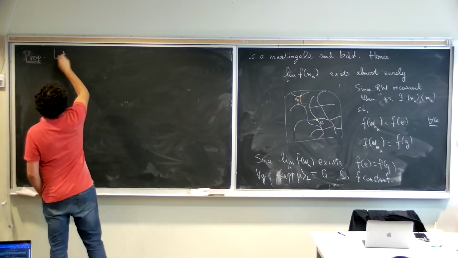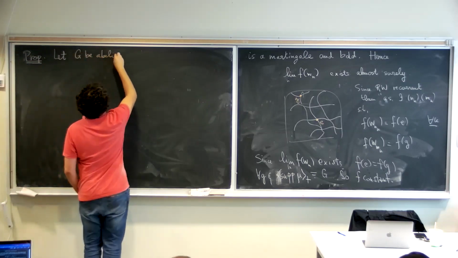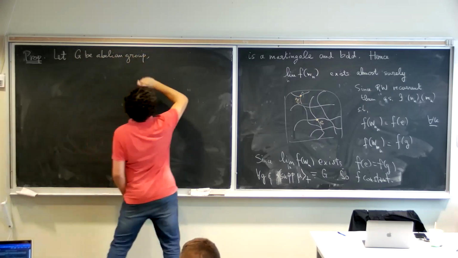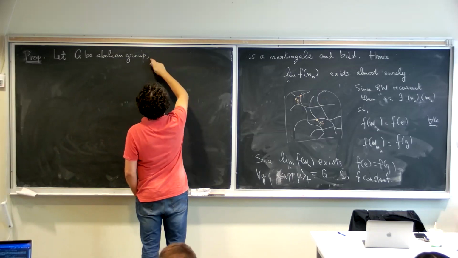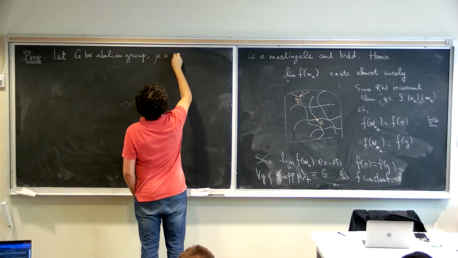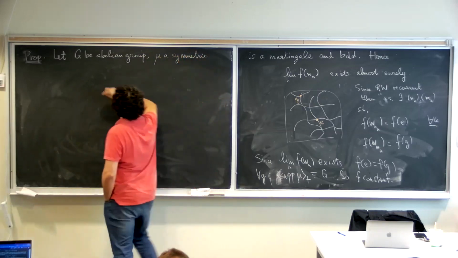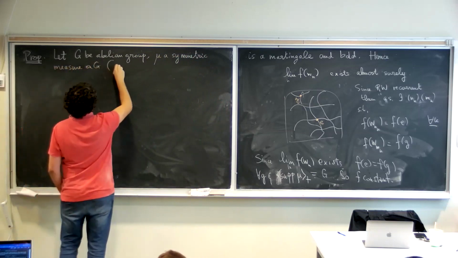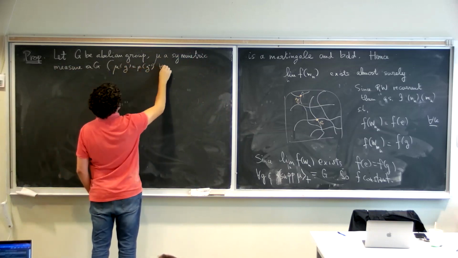So let G be an abelian group, and mu a symmetric measure, meaning that mu of g equals mu of g inverse for every g.